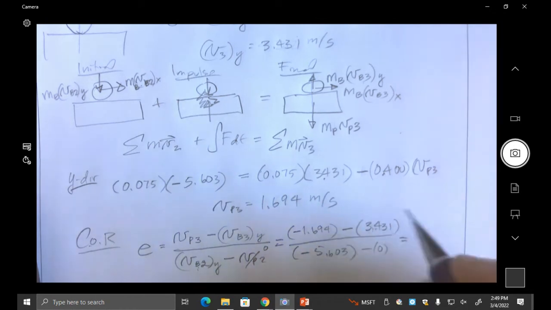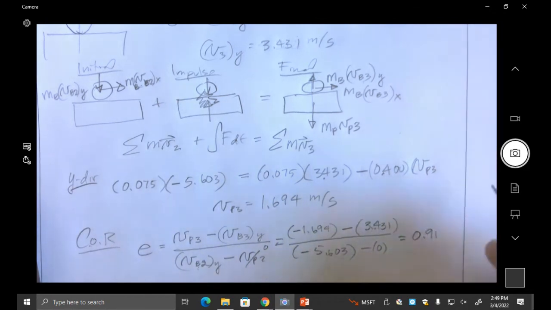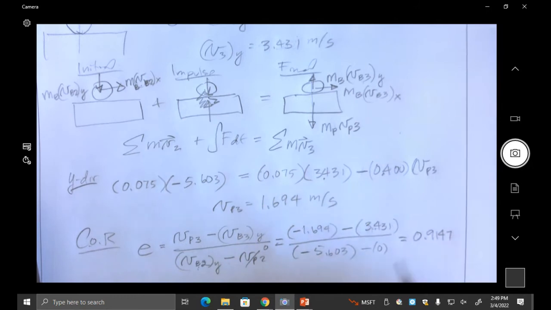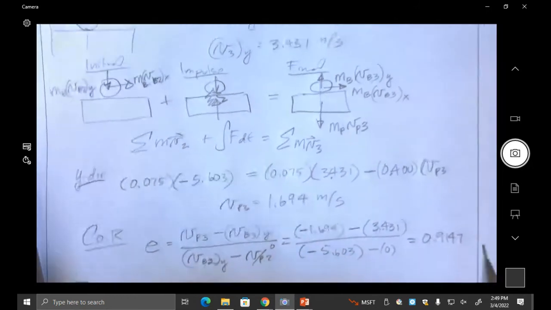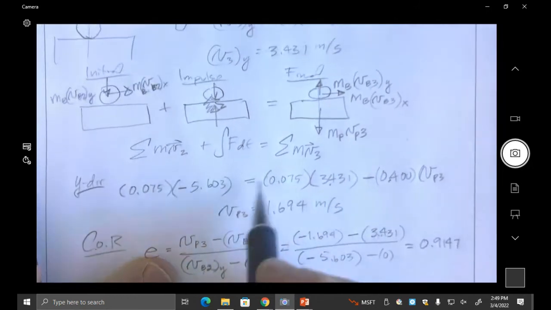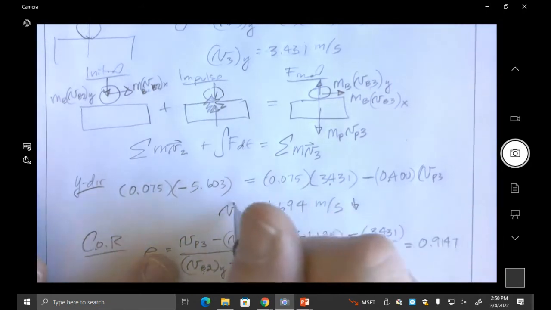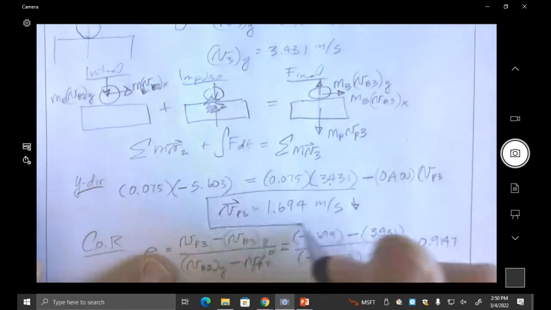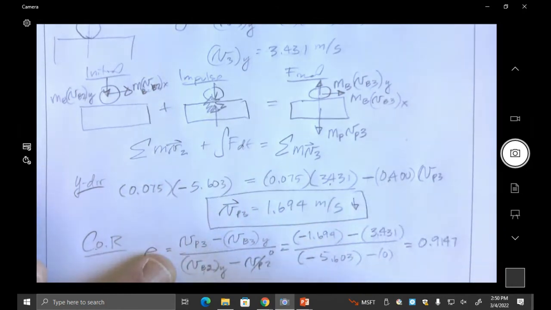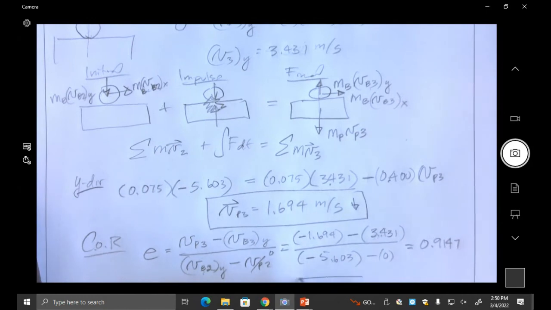Oh, good, got the right answer. 0.9147. All right, so they asked for velocity, and they asked for our coefficient of restitution, 0.915.